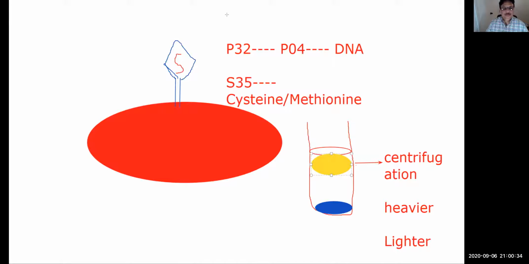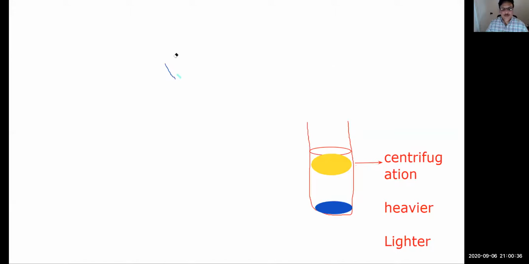We all know, as I mentioned to you before, that DNA is a double helical structure, right? Double helix means it is made up of two helices.